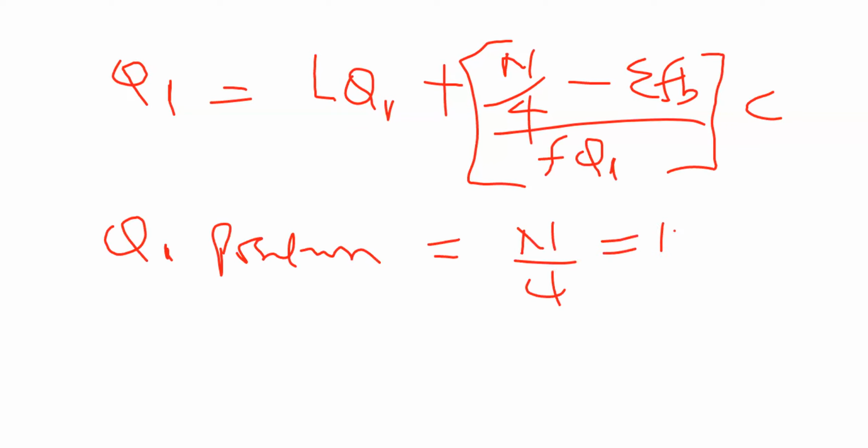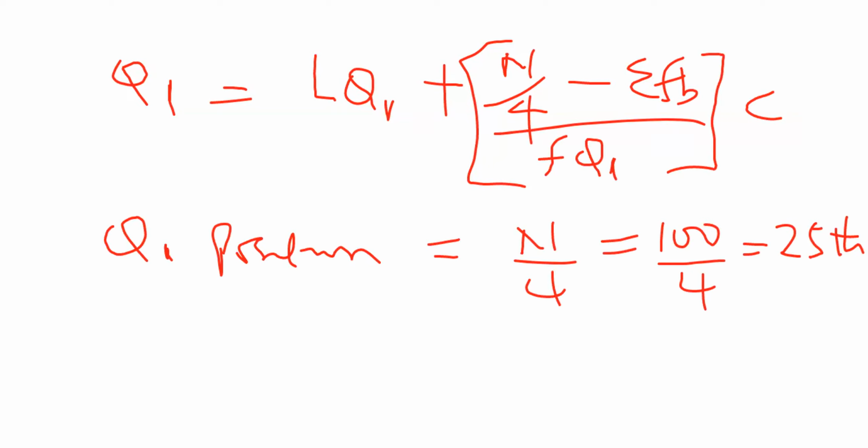Our N is 100 divided by 4, and this should be the 25th position. That means the 25th position will be our Q1 class limit.